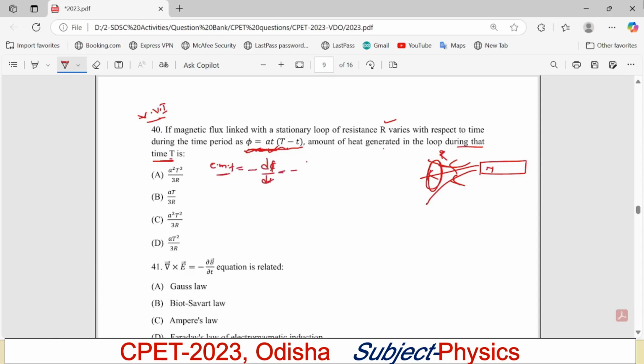So this is minus d by dt of phi, which is given as at into T minus t. So d by dt of this, which is at T minus at square, so the EMF will be minus, here this will be aT minus 2at.